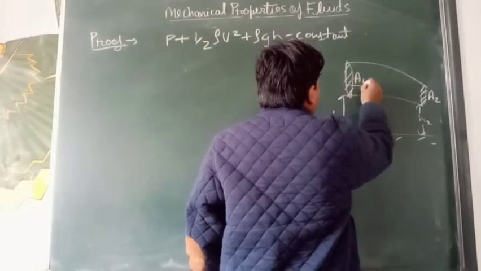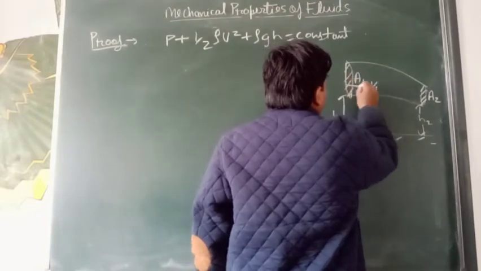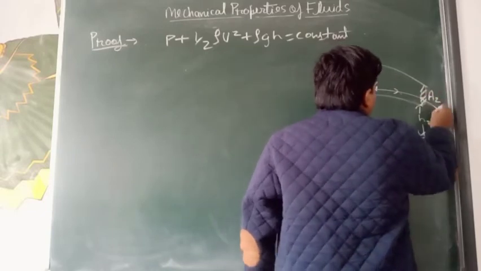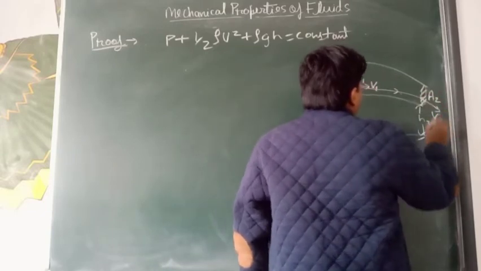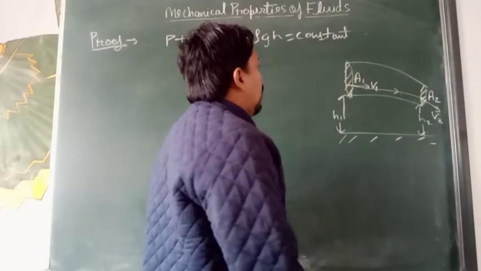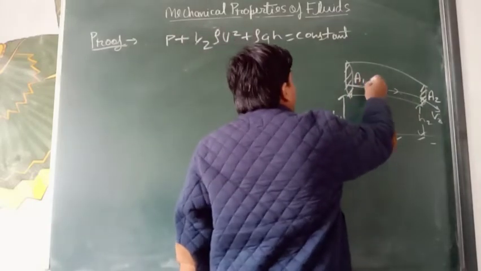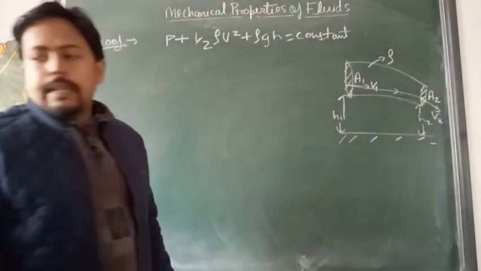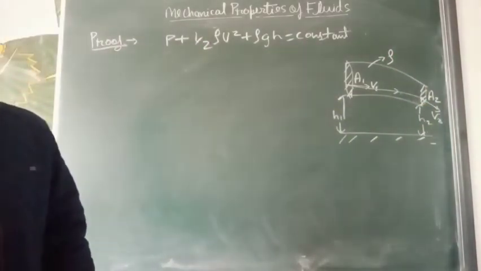From here it will have some V1 velocity. And if I suppose it is flowing in a streamline manner, here it will come out with V2 velocity. Now this is the area A1, and this is the density of the liquid which is flowing as rho, that we have decided earlier also.